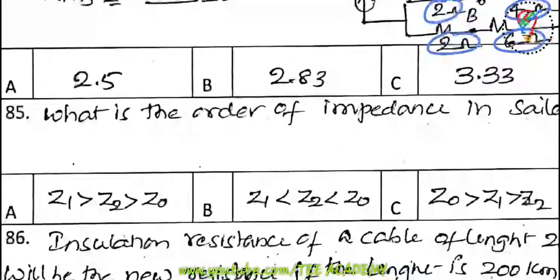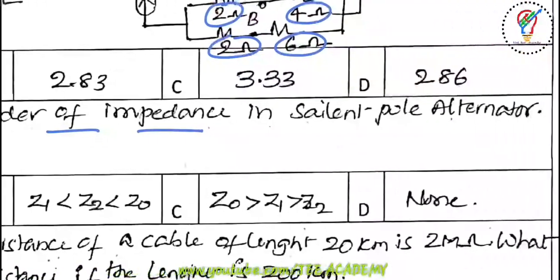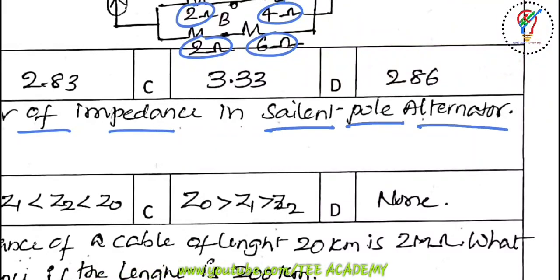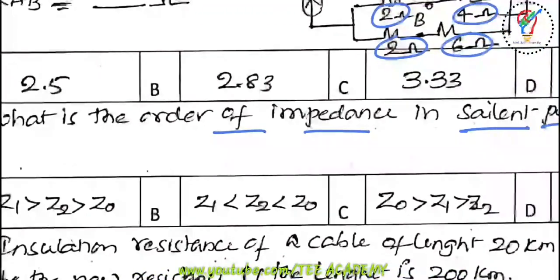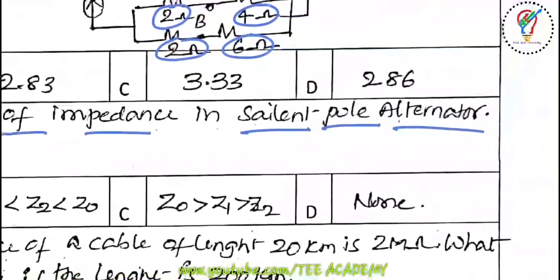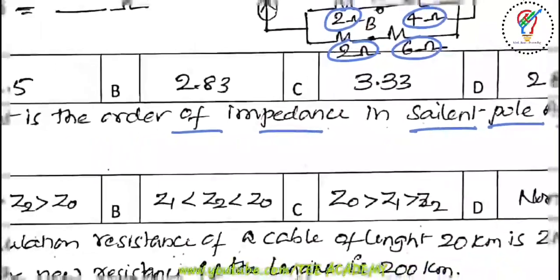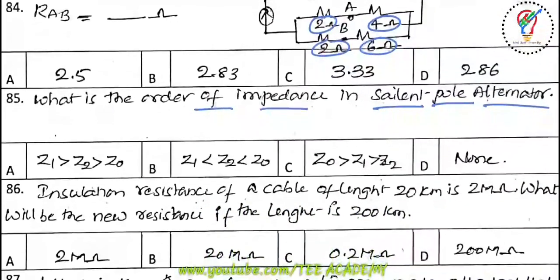What is the order of impedance in a salient pole alternator? In a salient pole alternator, the positive sequence and negative sequence impedances are almost equal, or positive sequence will be slightly greater than negative sequence, but zero sequence will be very much less. In a transformer, Z0 is greater than Z1 greater than Z2, because in the transmission line Z0 has a higher value compared to Z1 and Z2.